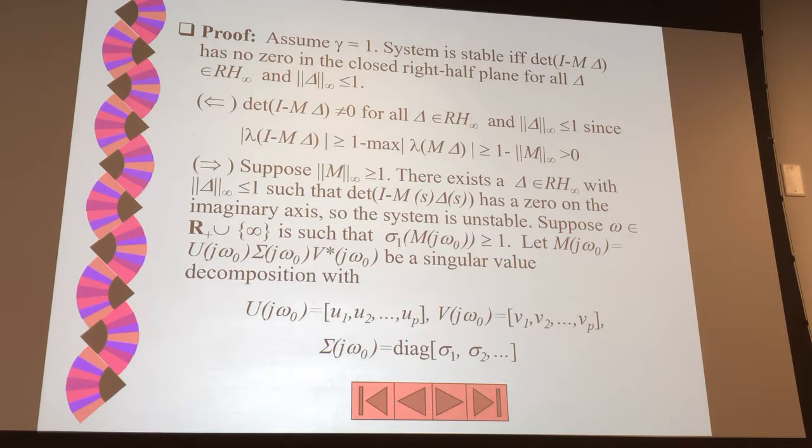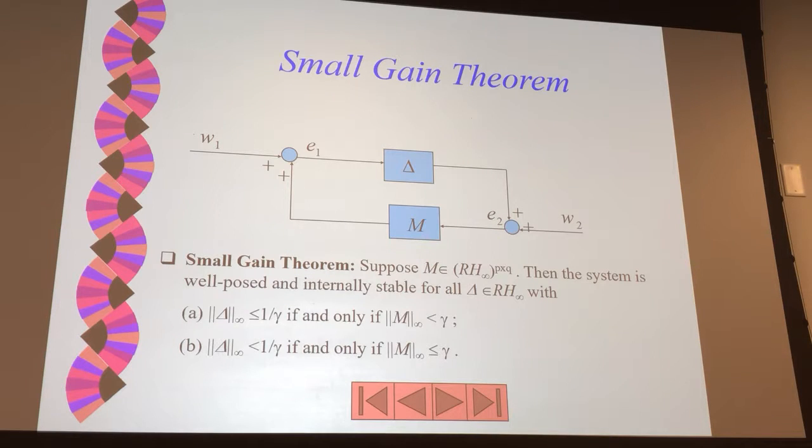Okay, positive sign here. So this probably is the most important theorem we need to remember. It's called small gain theorem. And this is in vector form. This is matrix. Okay?